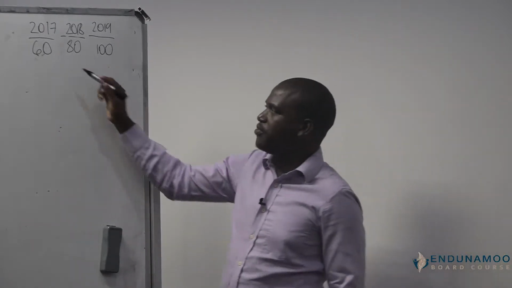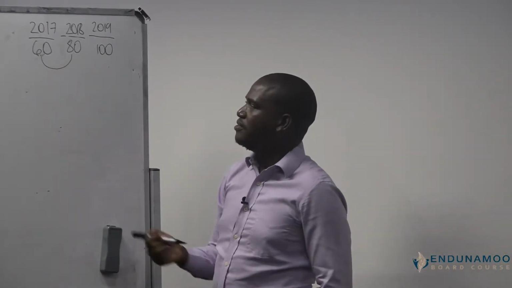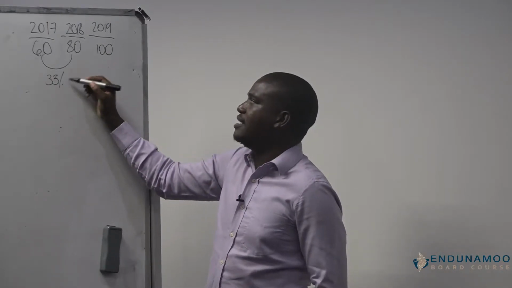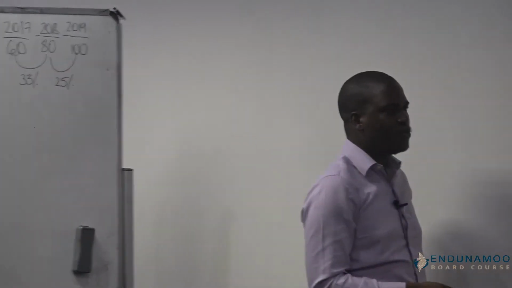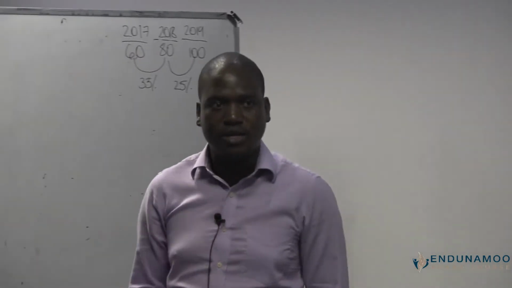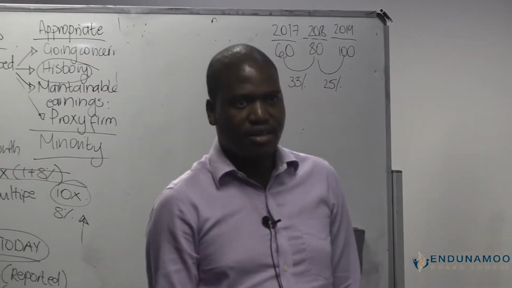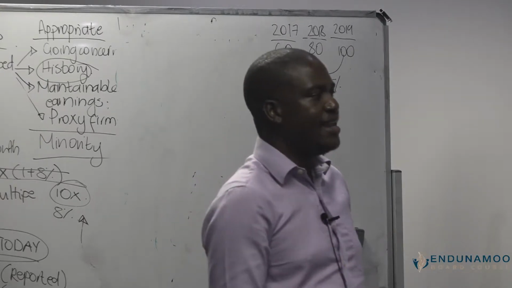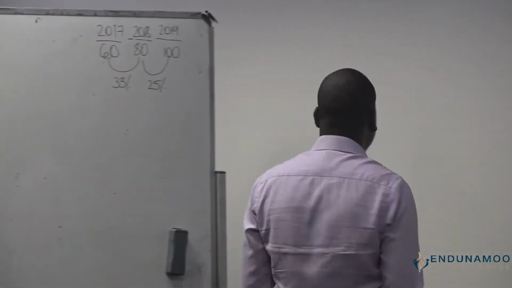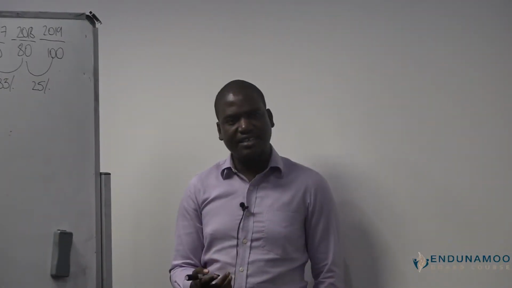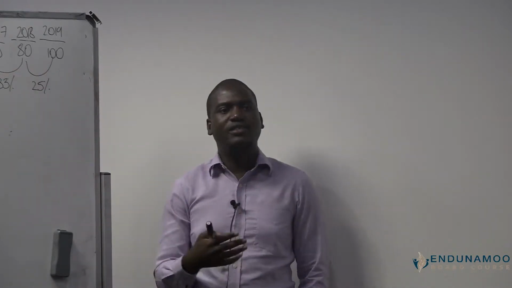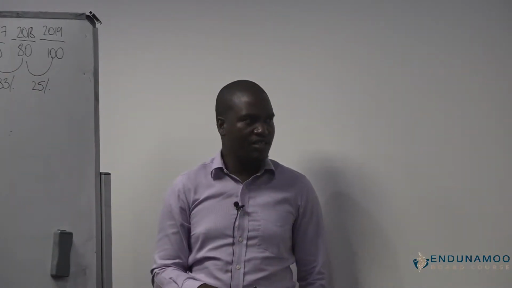If we do the growth from here to here, what is the growth? It's about 33%, right? Then from here to here, it's 25%. Now going forward, what is the growth of this company? Because it's all over the place, I don't have any reliance to put on the 100 growing by 33% or 25%. So in estimating my maintainable earnings, I might need to weight the earnings. From an exam perspective, as long as you've got history like this, I would say do a weighted average calculation.